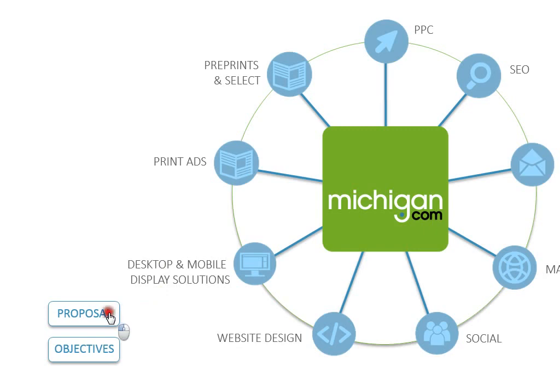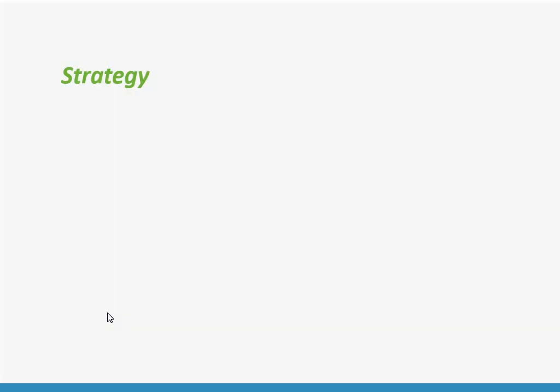Going to the proposal section, this is really a work in progress. Scott and I had talked about this, and Janie and I were talking about this too. This is a really simple layout for building a proposal from this format. The first slide is going to be strategy, so we can talk about the marketing solutions.